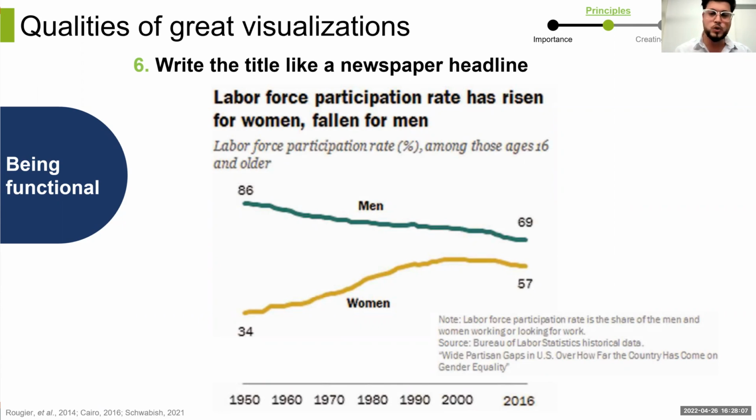Additionally, you can use Twitter-like headlines, which are really short sentences, very straight to the point. Integrating your graphs as part of your argument creates a more cohesive approach to making your argument and telling your story. In this case, the active title in this chart from the Pew Research Center tells you exactly what you're supposed to learn from it: labor force participation rate has risen for women and fallen for men.